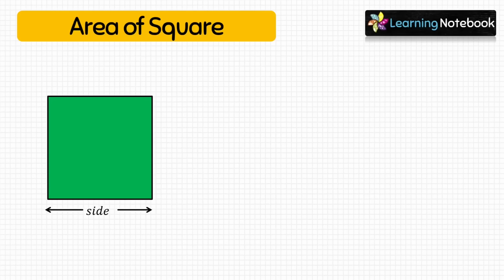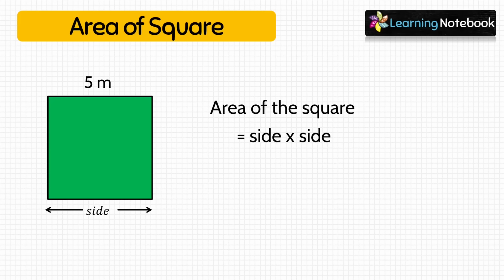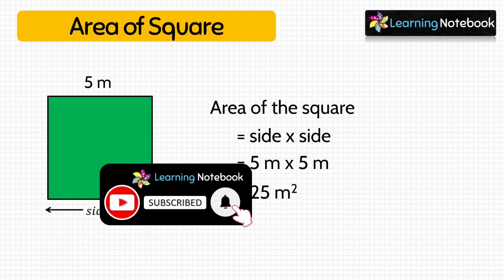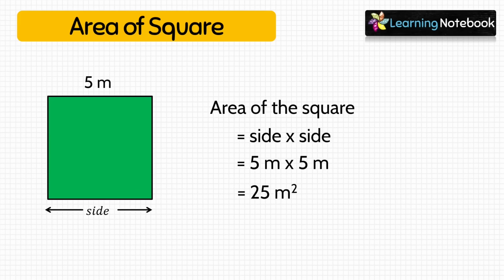Now, if we are given with length of the side of this square, let's say 5 meter. So, area of this square would be side into side. And we know side is 5 meters. So, we get 5 meter into 5 meter, which is equals to 25 square meters. Again, do note that unit of area is either square meters or square centimeters.